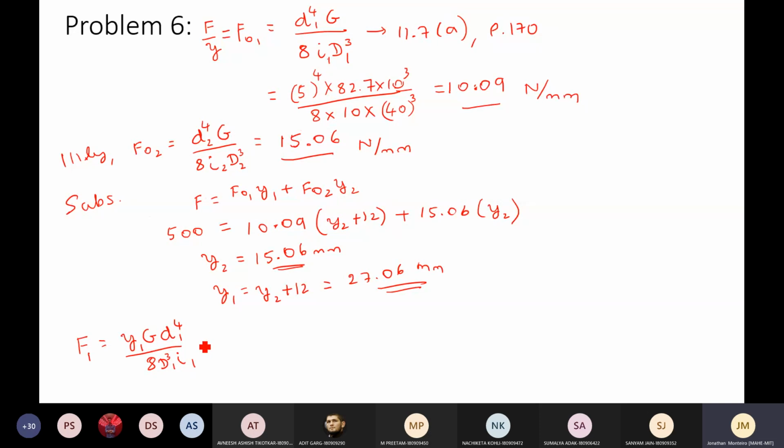Since we already know F naught, I can simply write it as 10.09 multiplied by 27.06, correct? If you want to resubstitute, you can do that, but since I already did it, this is F1 by Y1. Now I'm using this in order to compute this.